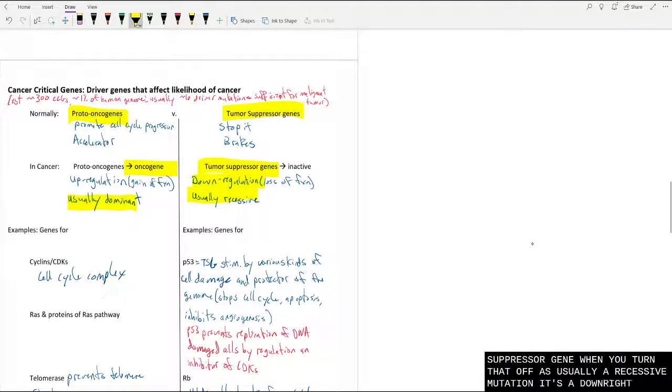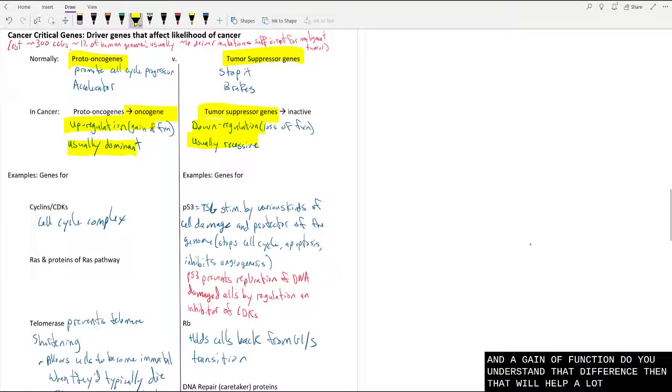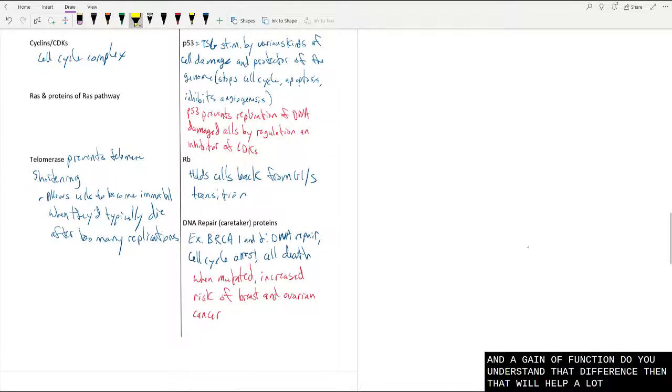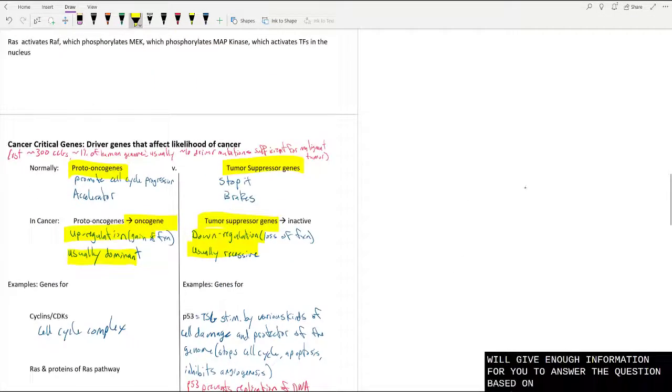It's a down regulation, and an oncogene is an up regulation and a gain of function. If you understand that difference, then that will help a lot. Because I will give enough information for you to answer the question based on whether I tell you it's a tumor suppressor gene that is now inactive or an oncogene that is now active.